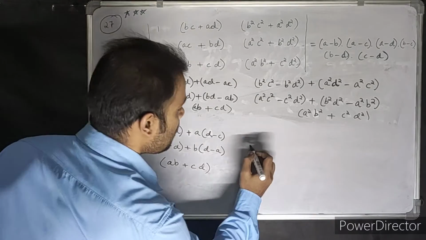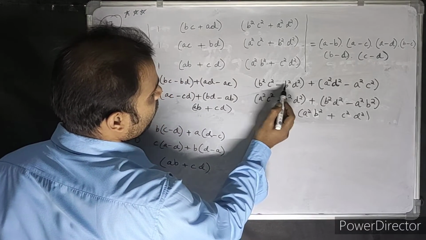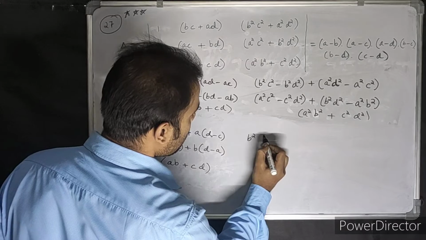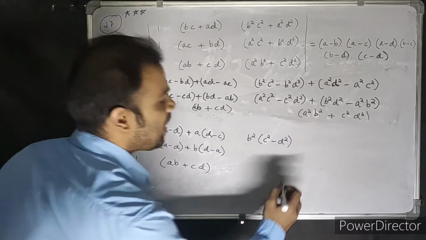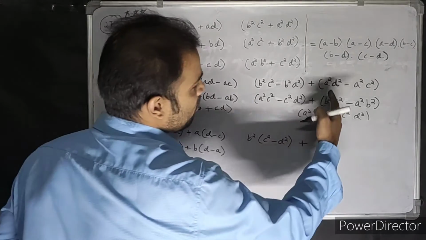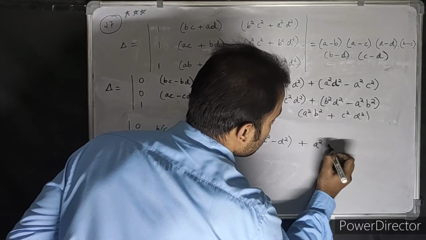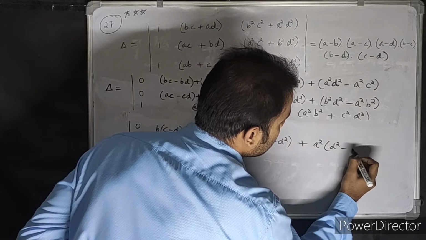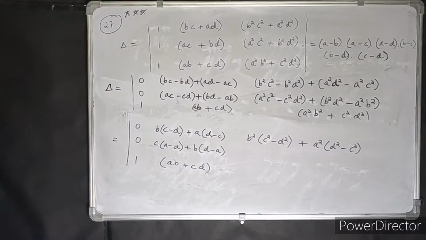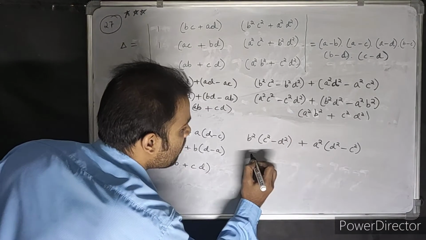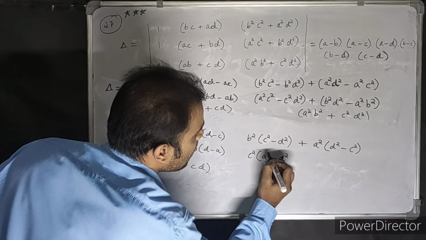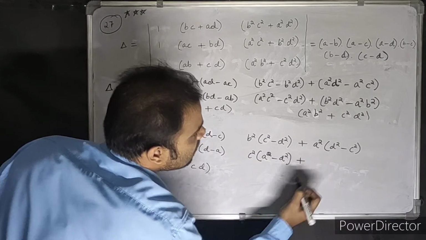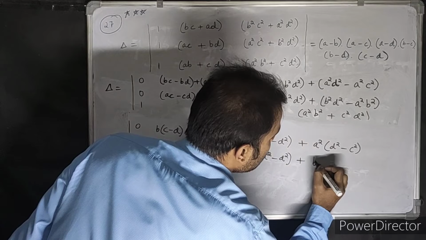Okay. Now from here, what is common? From here, what is common? B square is common. What do you have? C square minus D square. Right? Plus. What is common from here? A square is common. And then you have D square minus C square. Okay. Then next, what will be common from here? C square is common. You're left with A square minus D square plus B square is common.